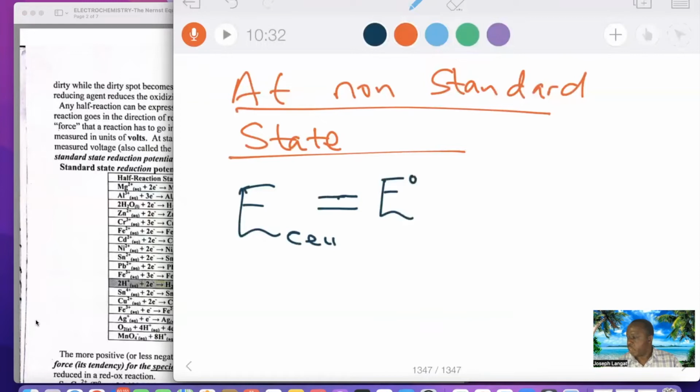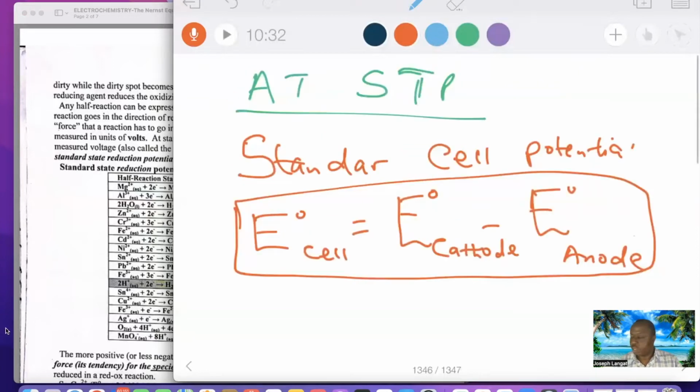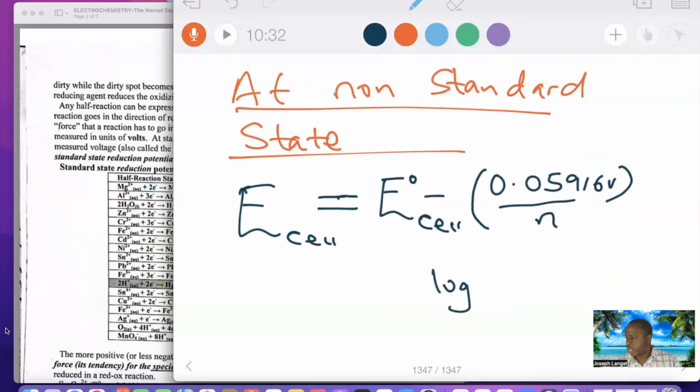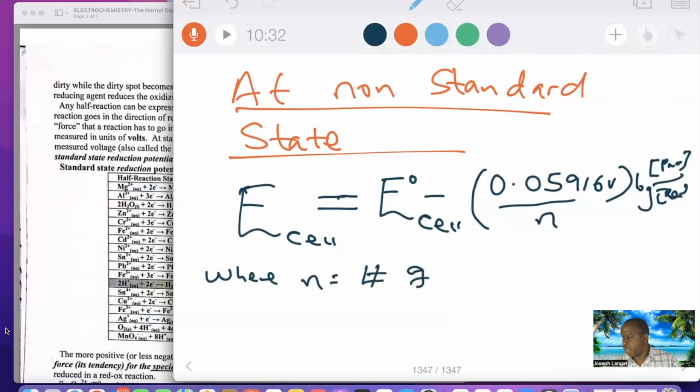E, which you are going to use the previous equation from here to calculate E, minus 0.05916 volts over N, and then log of the concentration of the product over concentration of the reagent, where N equals the number of electrons transferred. N stands for number.